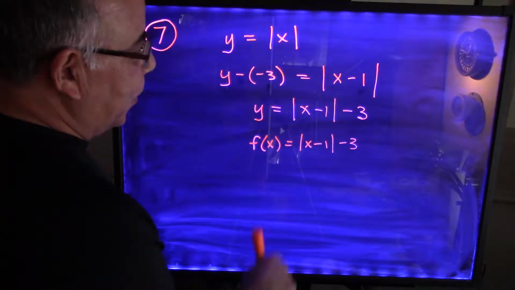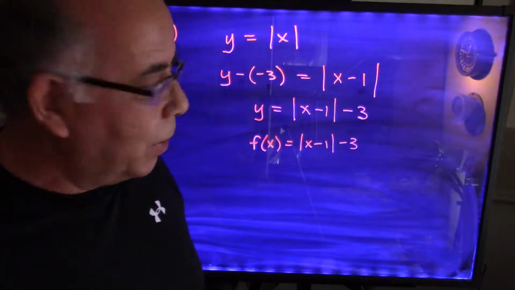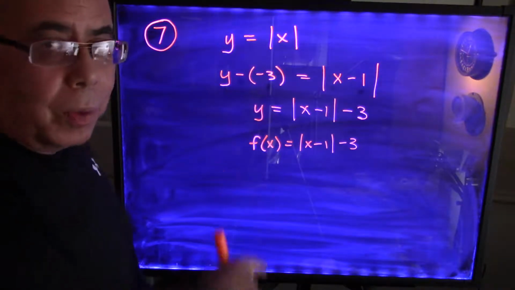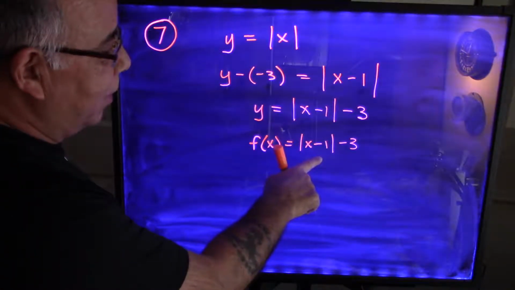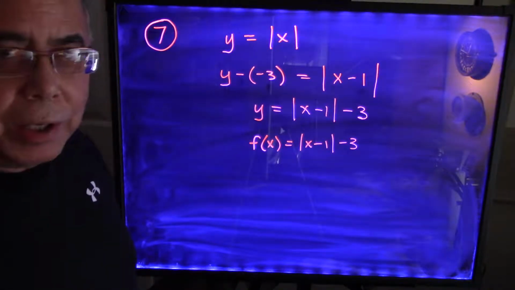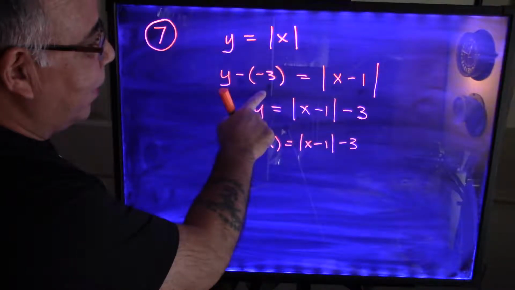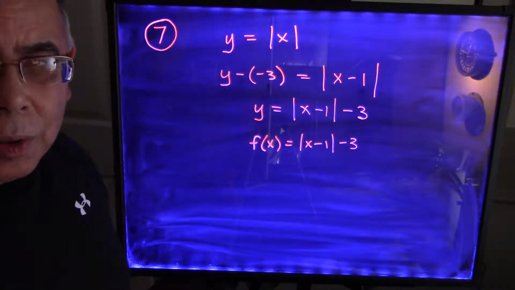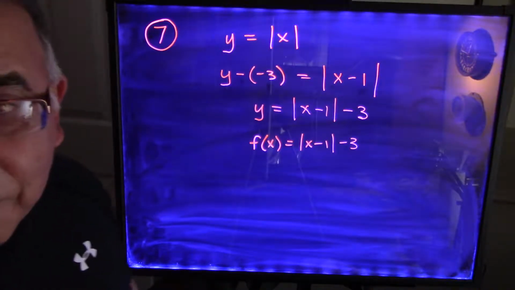So that's probably the way your book will answer it, and most people will answer this. But notice that this is equivalent to what I have here. So if you see it written like this and they're asking what kind of shifting is going on, you can write it this way and then see immediately what kinds of shifts are going on: up, down, left, or right.